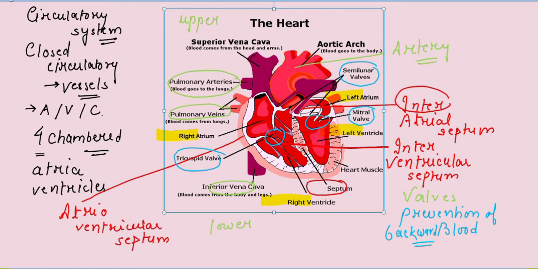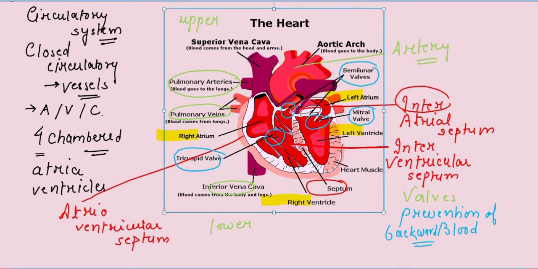One is at the opening of the right ventricle and pulmonary artery, and one at the opening of the left ventricle and aorta, right? You can see that the valve present at the opening of the right ventricle and pulmonary artery is also called the pulmonary valve.